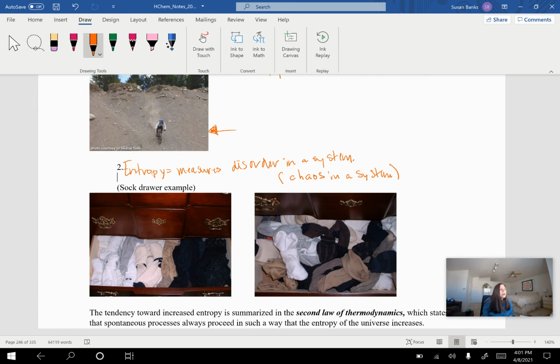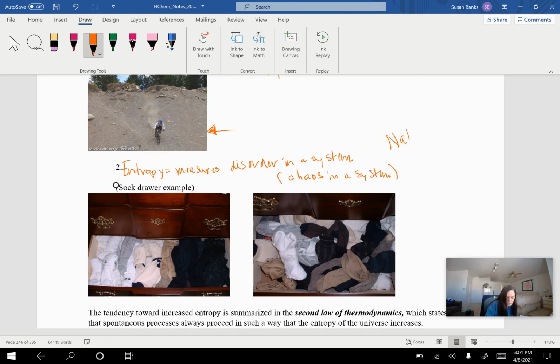So there are statistically more chances for disorder than for order. Because that statistical chance favors disorder, nature tends to go into disorder. Okay? So nature tends to favor disorder.